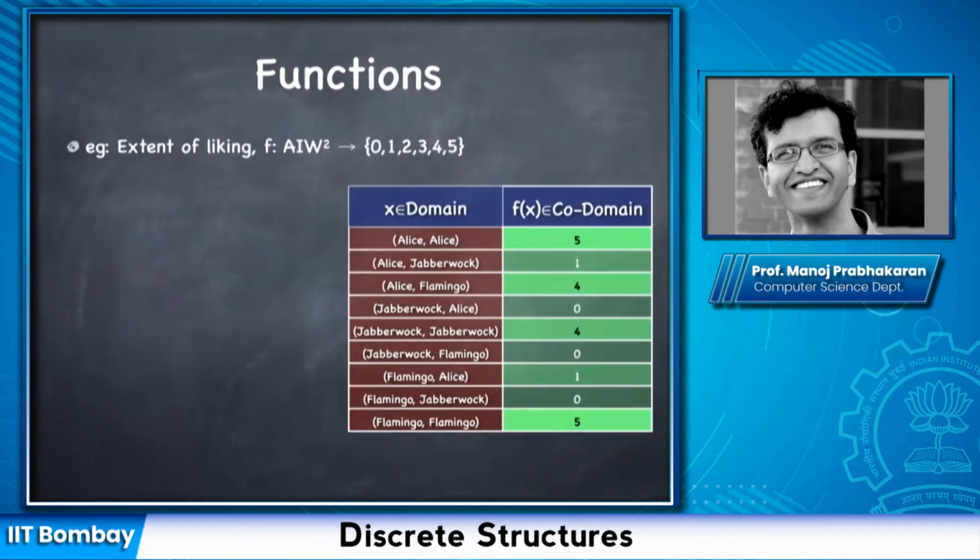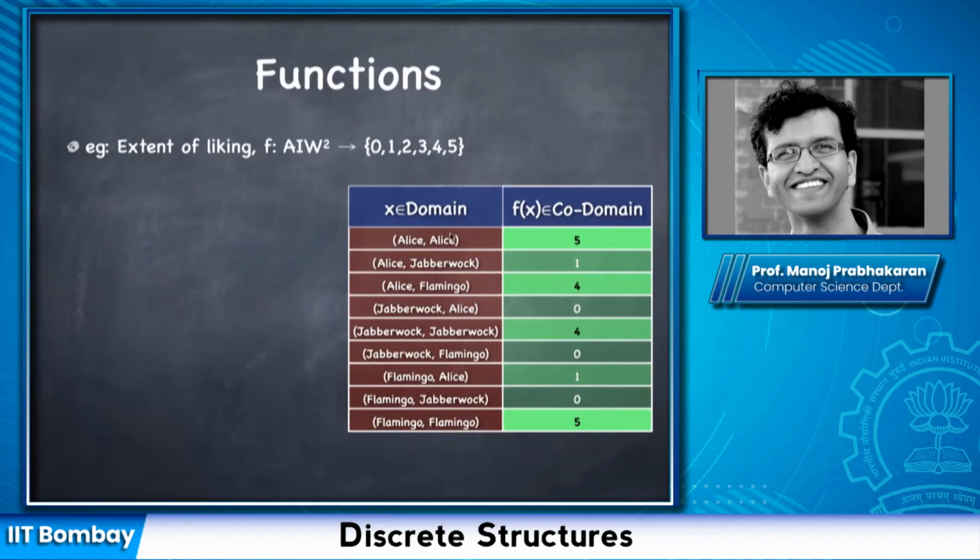I took the predicate we had in the previous slide, the example saying Alice likes herself, Alice doesn't like Jabberwock, and so forth. Now I'm generalizing it, instead of just assigning true or false. Here is a function which assigns a value. For each pair here, it assigns a value in the range 0 to 5. You could think of this as the extent of liking on a scale of 0 to 5.